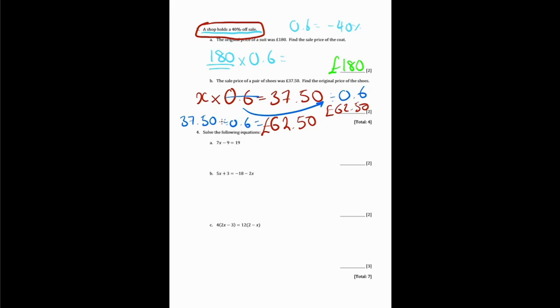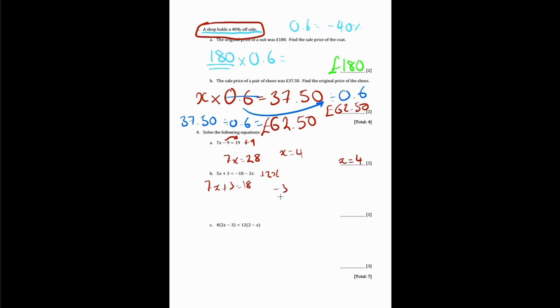This is a simple algebraic equation. We did this 2 videos ago. So 8 plus the 9 this side, so 19, so 7x equals 28. And divide by 7, x equals 4. These are quite simple. We need x on both sides, so plus 2x. 7x plus 3 equals 18.